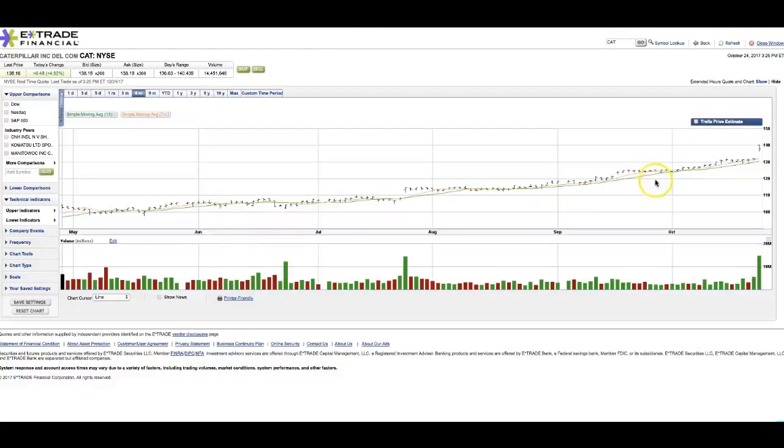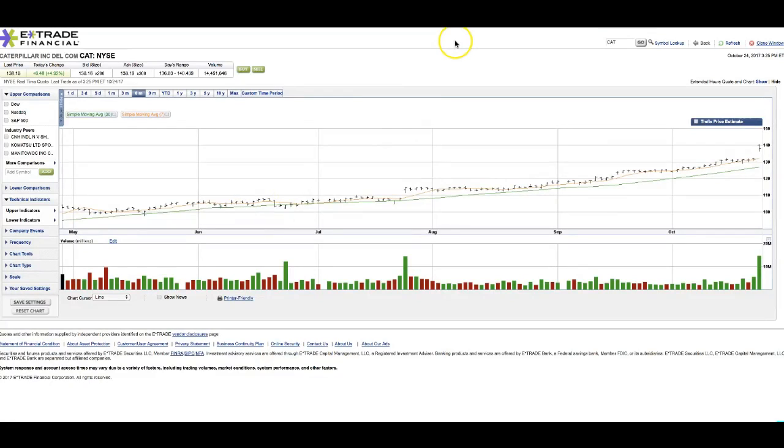Usually I have to play around with the colors. I usually like different colors, but just for time's sake, it'll be in green here. So I will change that to a 30-day moving average. And that kind of gives me an indication of how my chart is moving. I use other indicators to work with this 7-day moving average, but for now today, I just want to go over that.